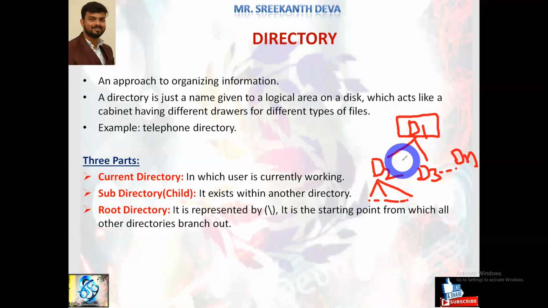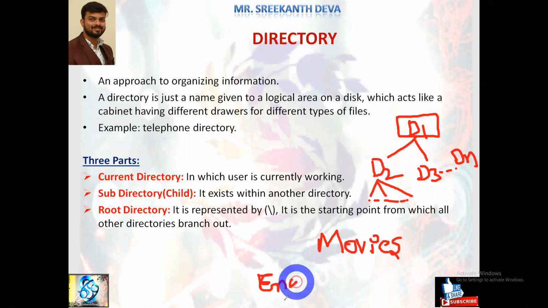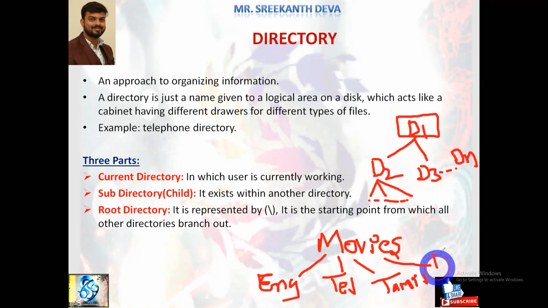For example, I can give movies as one folder. In the movies folder, again I organize different movies: English movies is one directory, a subdirectory in movies. Again Telugu movies, like Tamil movies, like Kannada movies, and so on.